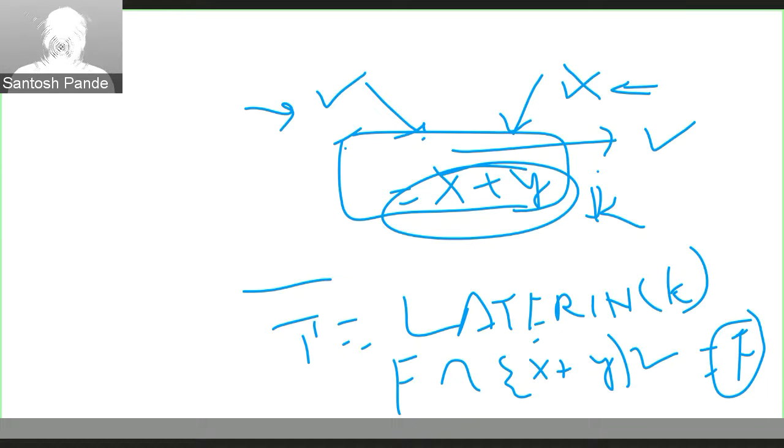So letter in was true here. The letter in was false there because of availability being true, and so this will become false.